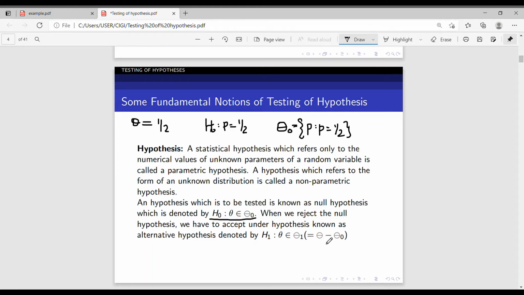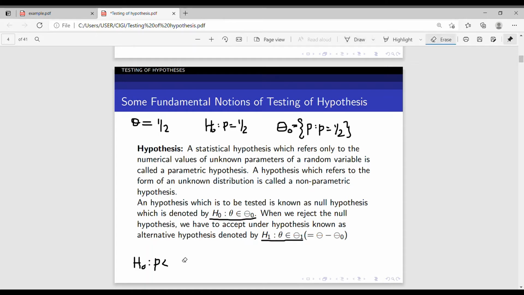Since theta 1 and theta naught are disjoint, theta 1 equals capital theta, the parameter space, minus capital theta naught. This is the alternative hypothesis.